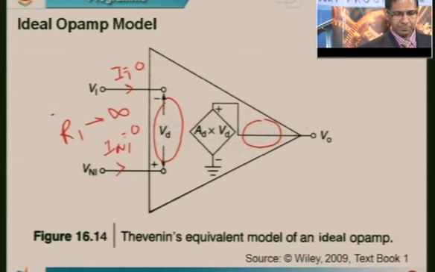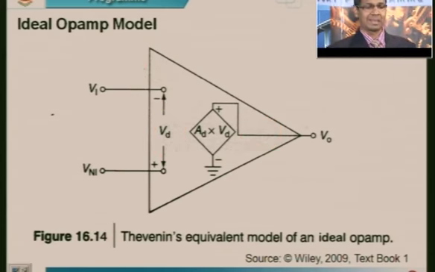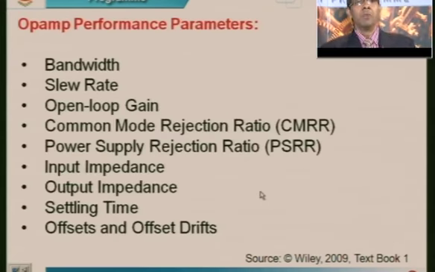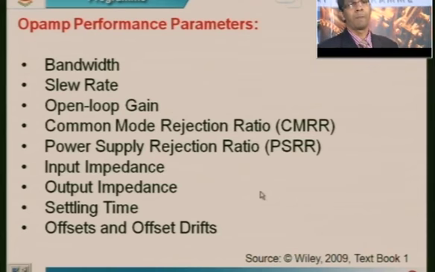Now moving on then, how is it that we can analyze this particular op amp further? Before we go into the applications, we need to see many of the op amp parameters. So far we have just talked about the input resistance and the output resistance. Of course, we also talked about the open loop gain.